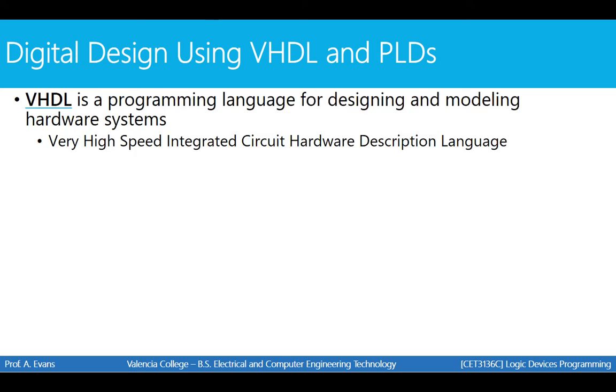So to begin, VHDL is a programming language for designing and modeling hardware systems. VHDL is short for Very High-Speed Integrated Circuit Hardware Description Language. And if you think back to your Digital Systems 1 and Digital Systems 2 courses, you built a number of circuits on the breadboard using an IC and wires and switches for inputs and LEDs for outputs.